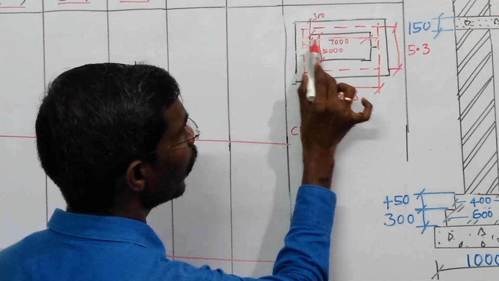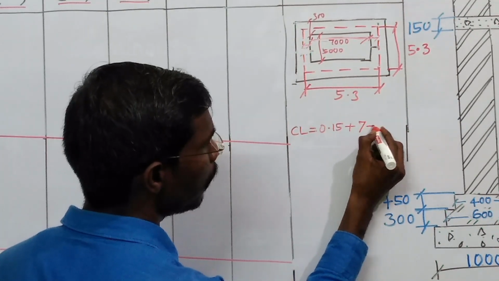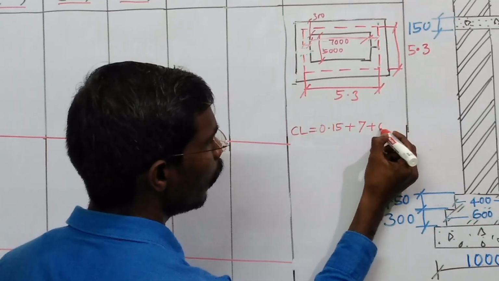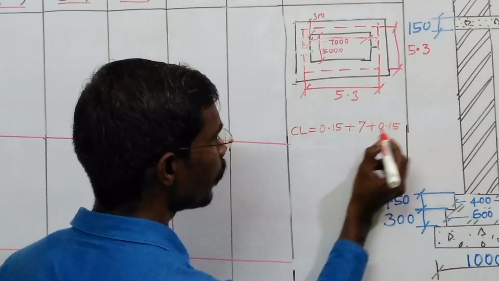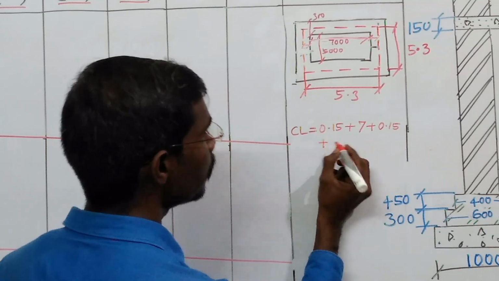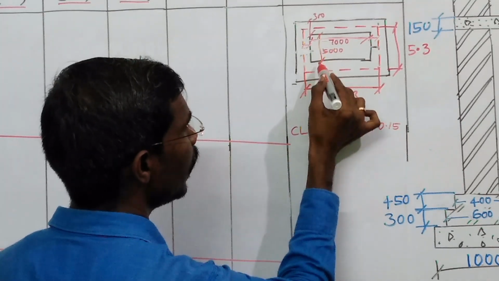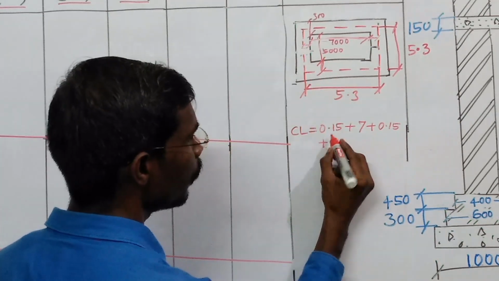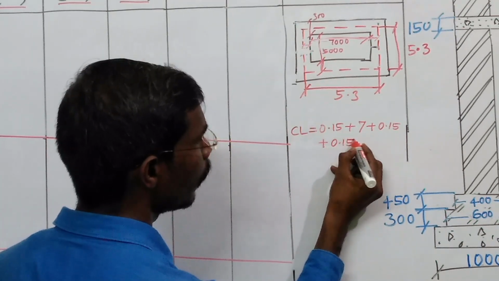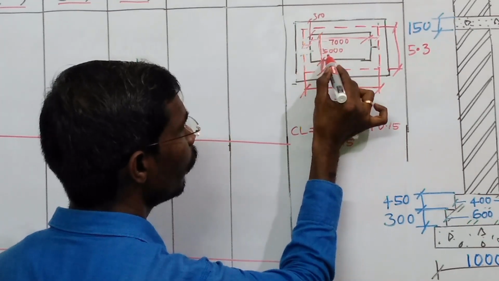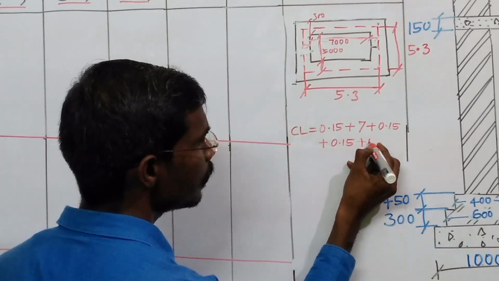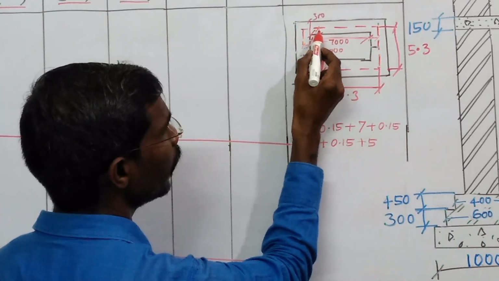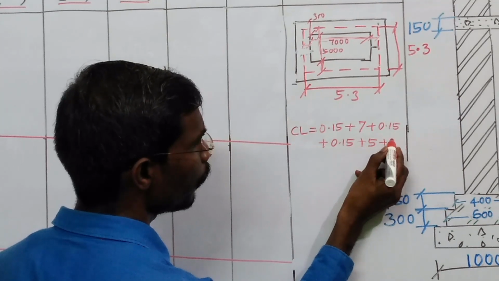Here 7000 inner dimension plus here half of the wall, it is 0.15, plus horizontal, here half of the wall thickness 150, the vertical 5000 plus again in this direction half of the wall thickness 150.